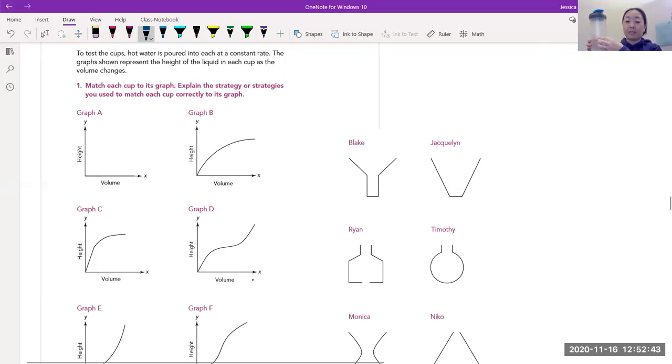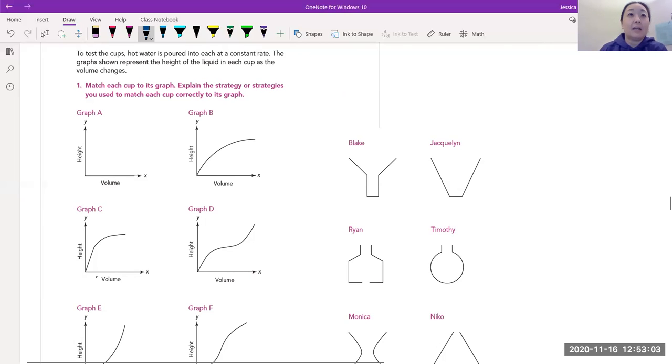And then all of a sudden when it gets wider, what's going to happen? That rate needs to fill up more area, or volume, I should say. So it's going to fill up a little bit slower. So for me, it fills up faster here and then slows down as it goes higher because the mouth is a little bit wider than the bottom.